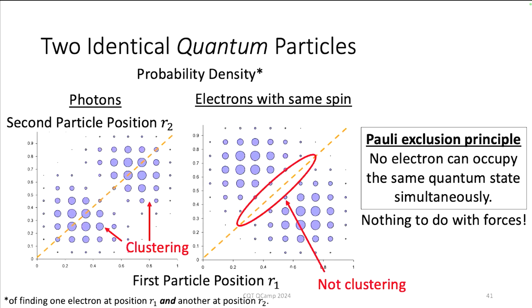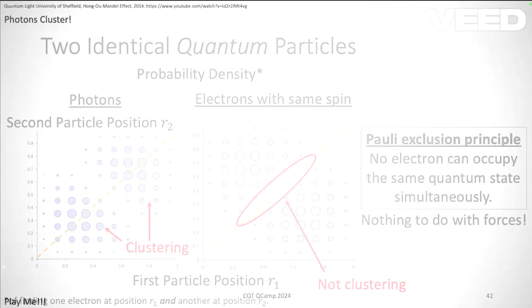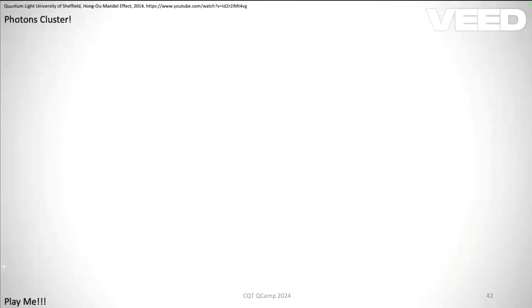But you may be wondering, photons actually cluster, do they? So this brings us to diverge away from chemistry a bit and look at how photons actually cluster, because I received feedback from last year asking whether there are any examples of how photons actually cluster.